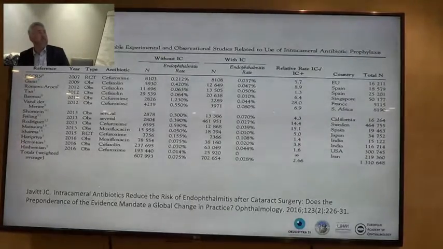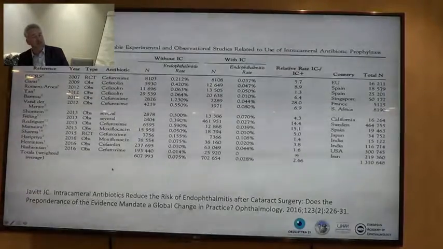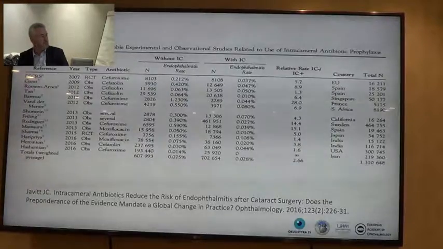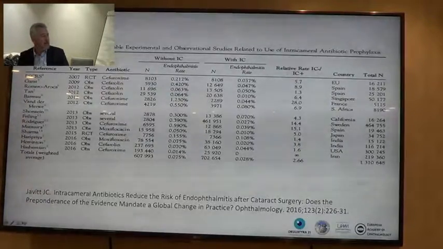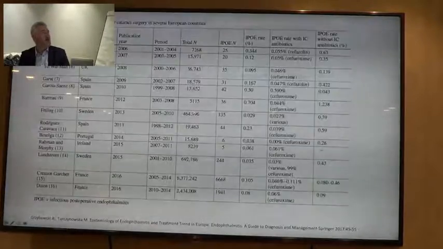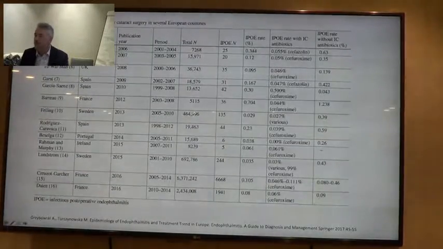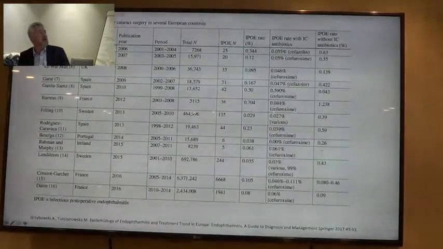After that, there were many retrospective studies based on different antibiotics, not only cefuroxime, because of course the ECRS study was based on cefuroxime. Then there were studies based on cefazolin, some based on moxifloxacin, and some even based on vancomycin, which are not shown here. And by the way, vancomycin for many years was very commonly used in the US by many doctors.